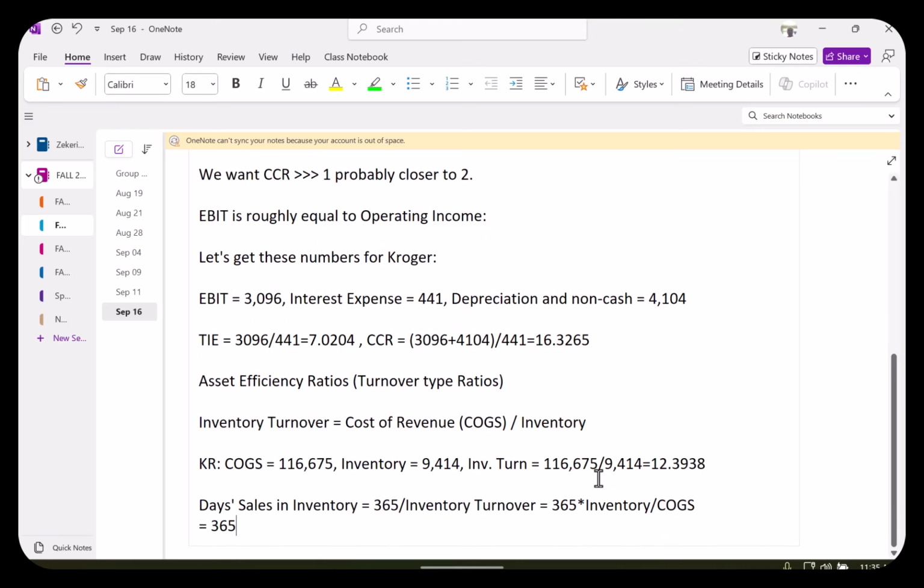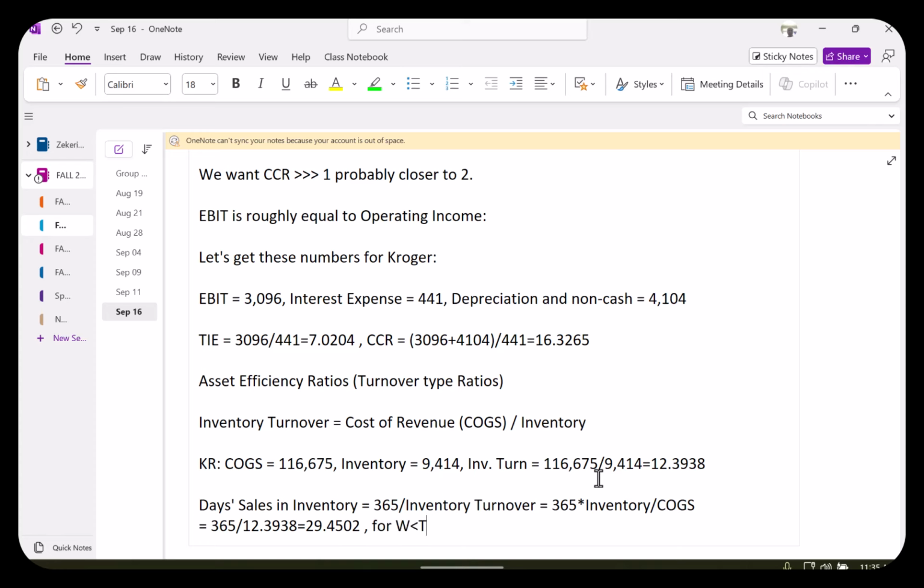So in this case, the interpretation of days sales in inventory is, on average, how long does it take to sell our inventory? So it's about 30 days for Kroger.